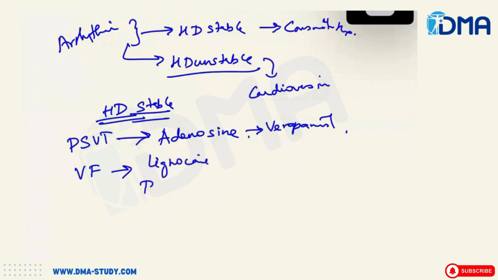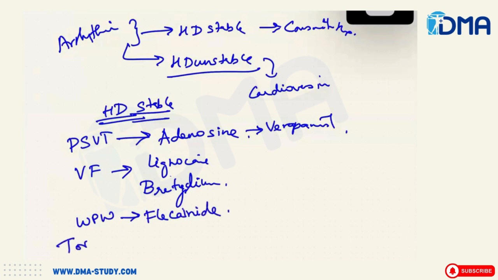The second option, or even the first option, could be bretylium also. WPW syndrome, you treat it with flecainide. Torsades de pointes, you treat it with magnesium.